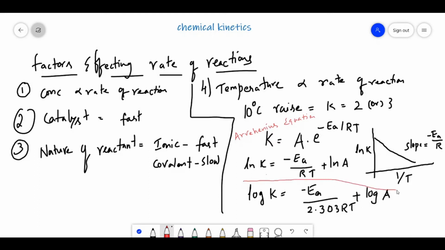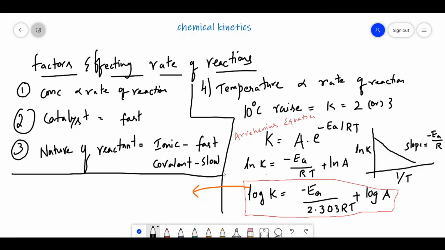He may ask problems on this equation, or sometimes when two different rates are given, then we have to take this equation. I'm directly writing the final equation.